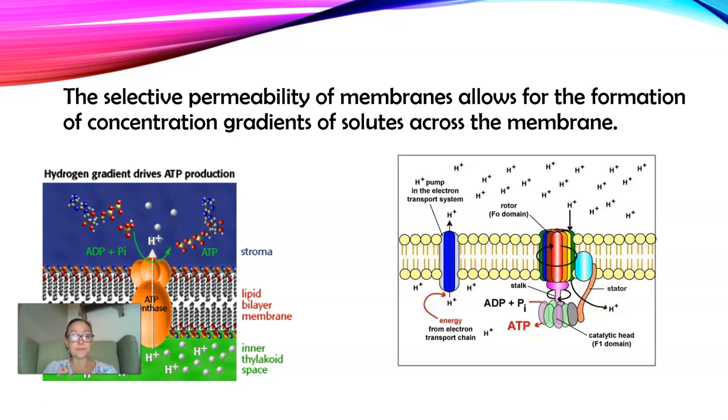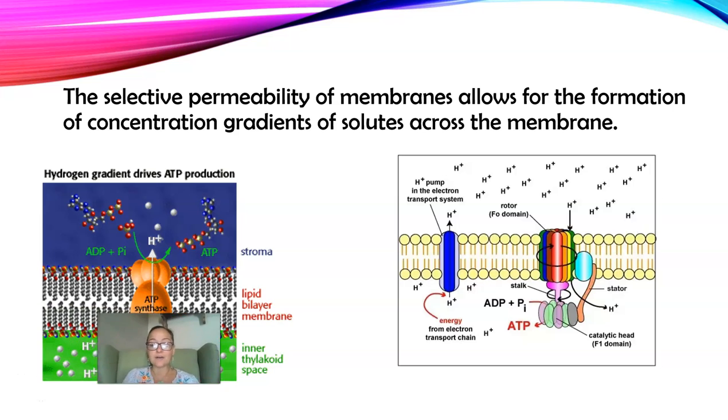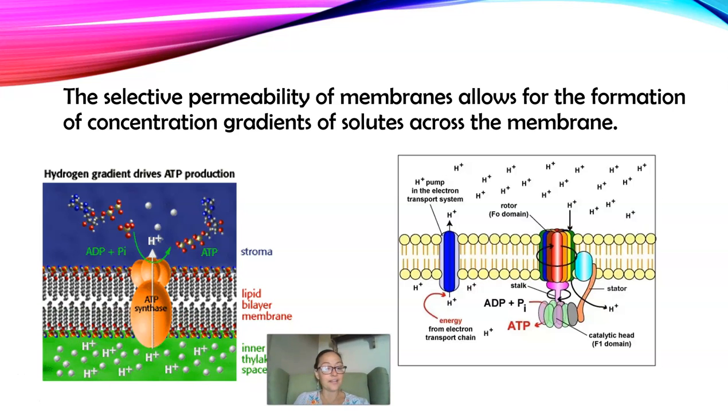So selective permeability of membranes allows for the formation of concentration gradients of solutes across the membrane. Now this is really beautiful when it comes to our chloroplast and mitochondria, establishing that proton gradient that will be used to produce ATP by phosphorylation in both cellular respiration and the light reaction of photosynthesis.